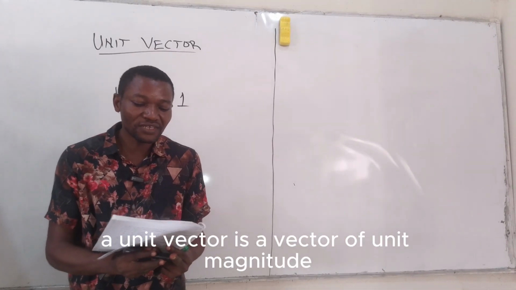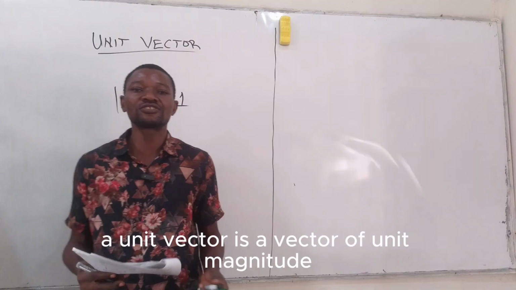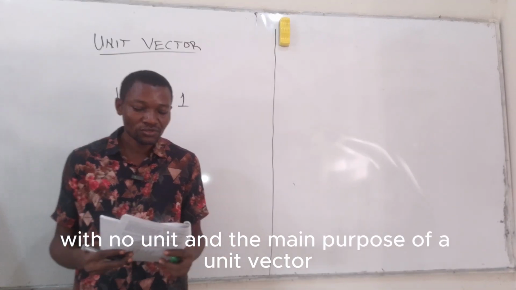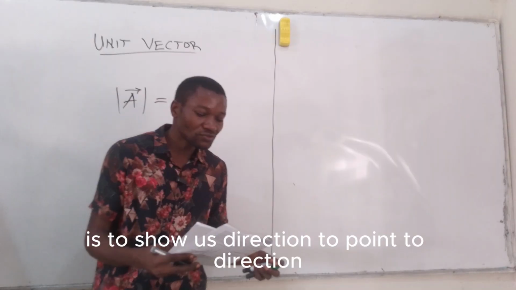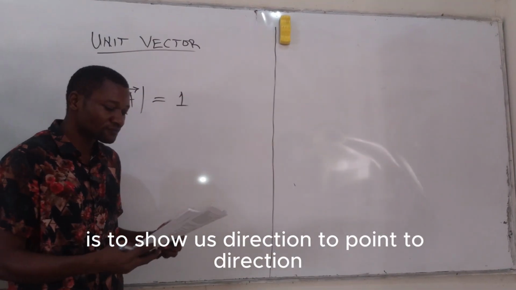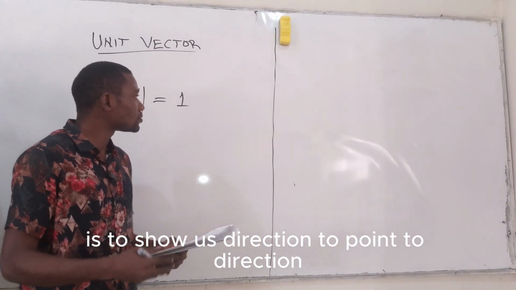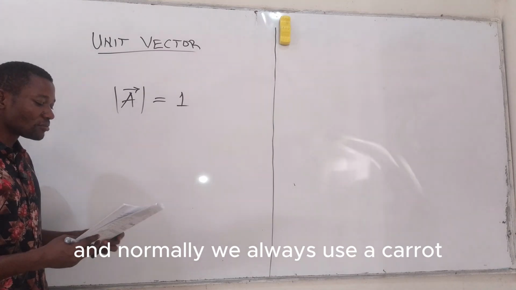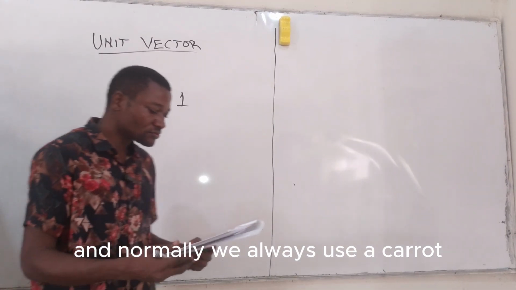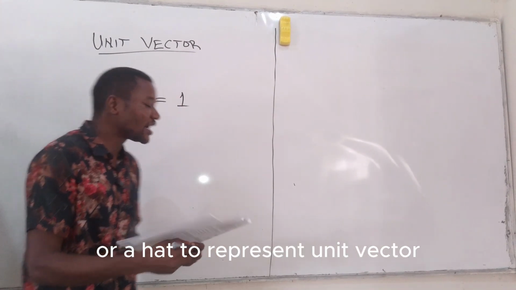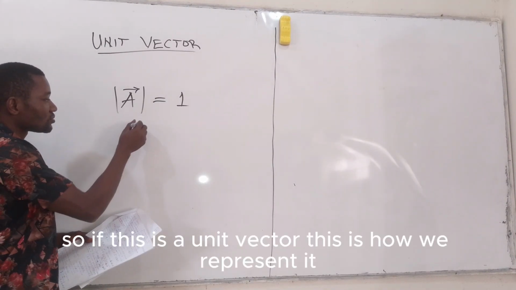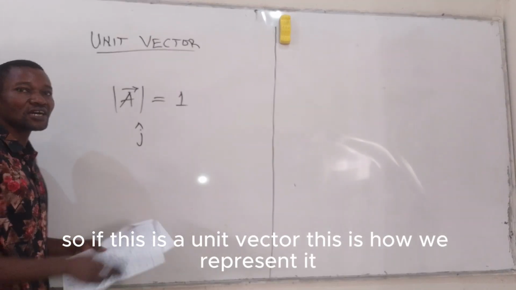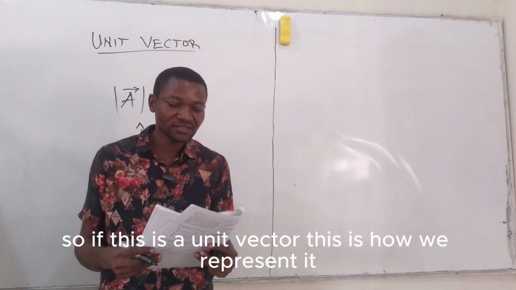The main purpose of a unit vector is to show us direction, to point to direction. Normally, we always use a caret or a hat to represent a unit vector. So if this is a unit vector, this is how we represent it.